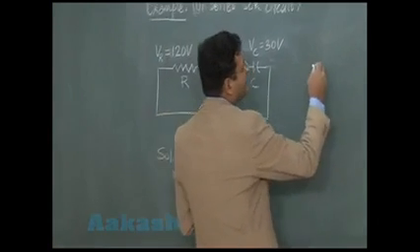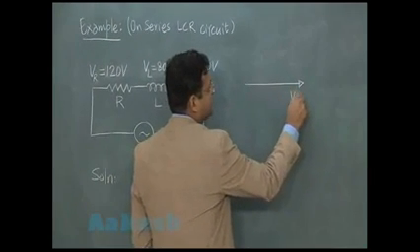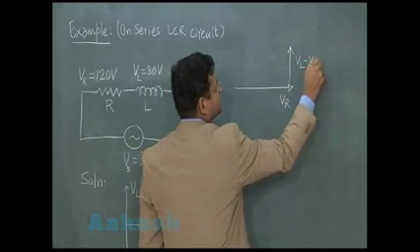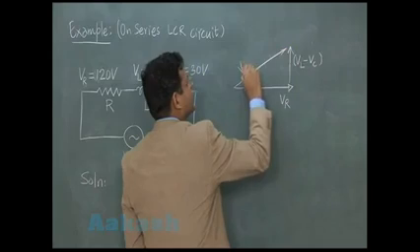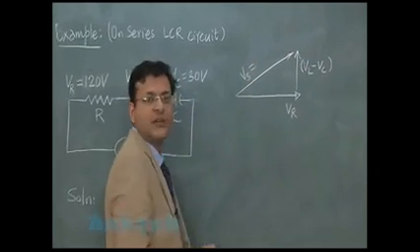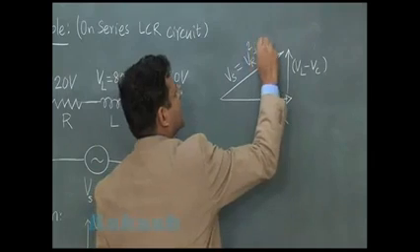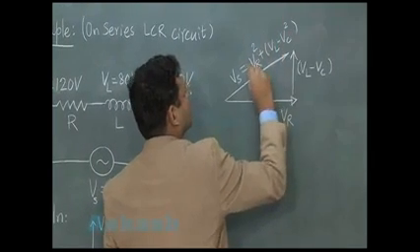The net effect will be VR this side, VL minus VC this side, and the net supply voltage Vs will be simply the Pythagoras of these two values, and this will be the square root of VR square plus (VL minus VC) whole square.